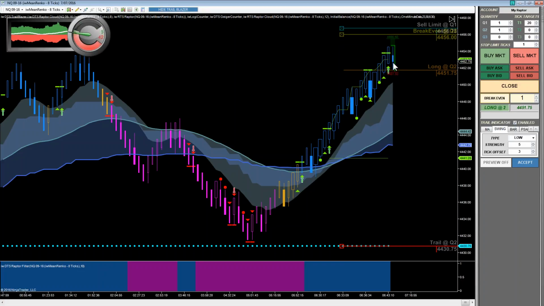Because of this. We still haven't had our official cloud crossover. There's still a reason to assume the market's going to try to get into that hard edge one more time. And here they come.